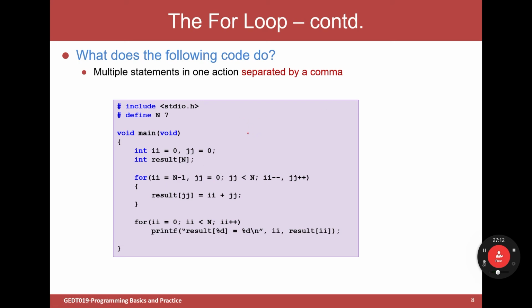The result array contains 7 elements: element number 0, element number 1, element number 2, element number 3, element number 4, element number 5, element number 6. That's it. Okay, so let's see here.